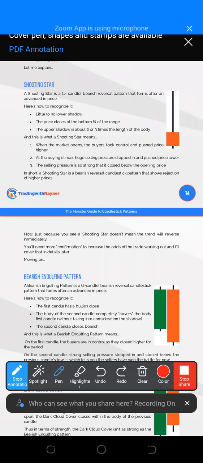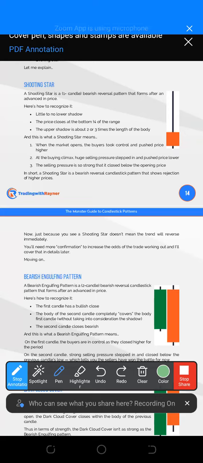The buyers have already bought up to this level in green color. See, but the seller pulled it back. They now erased the whole body. They erased it like this. It now turned to just a line and formed just this small body. Then the selling pressure is so strong that it closes below the opening price.